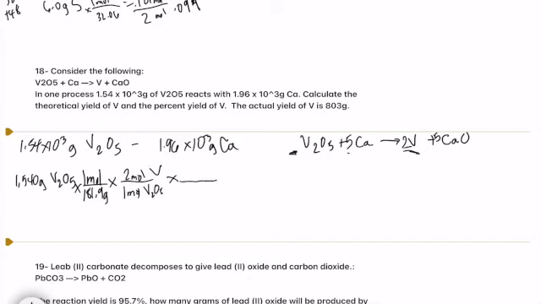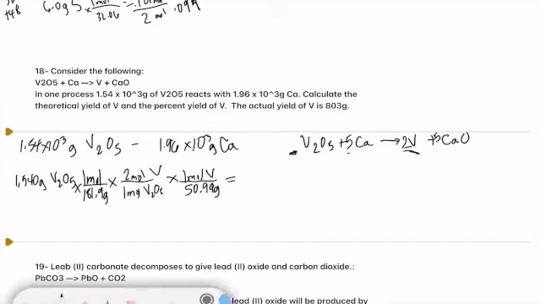And so now I would have my answer in moles of V, but I need grams because I'm looking for the theoretical yield in grams. So 1 mole of V has a mass of 50.94 grams. And so now I'm going to do my multiplication across, and then my division.